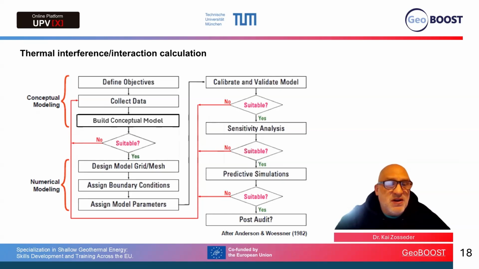So you have to design the grid and you have to assign boundary conditions and all these model parameters. Then you calibrate the model with observation data, so groundwater head measurements, for example, or also temperature measurements, and you can do a sensitivity analysis, and then you can conduct the prediction of your thermal plume.